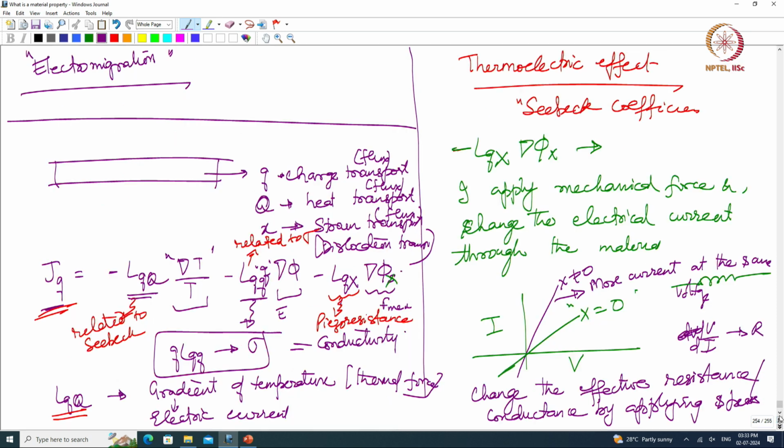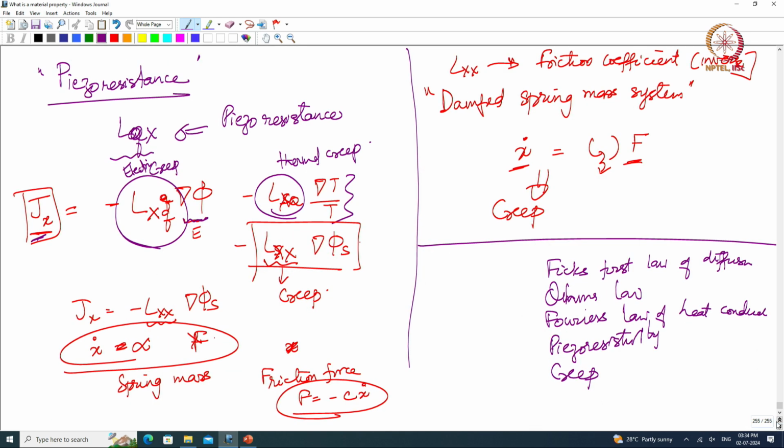What are the other things that we just saw related to sigma? Seebeck effect or thermoelectric effects. There is electromigration. All these things come from one single framework. They all come from Onsager's framework.